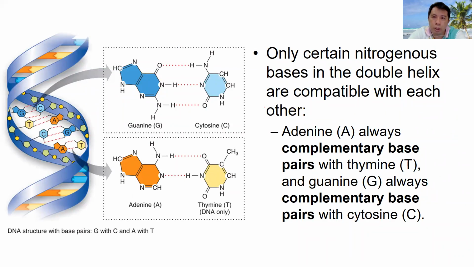Only certain nitrogenous bases in the double helix are compatible with each other. This was according to the Chargaff rules. So the adenines are always complementary base pairs with thymines, in exam we use the term complementary base pair, whereas the guanines are always complementary base pairs with cytosines. Therefore, the number of guanines always equals the number of cytosines in the DNA sample, and also for adenine and thymine.